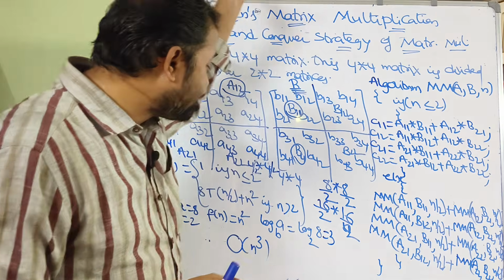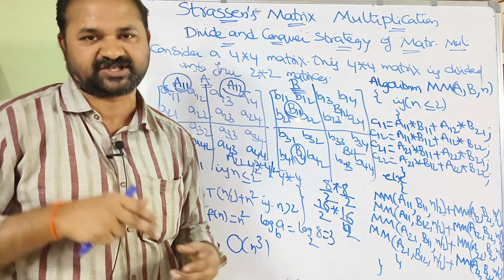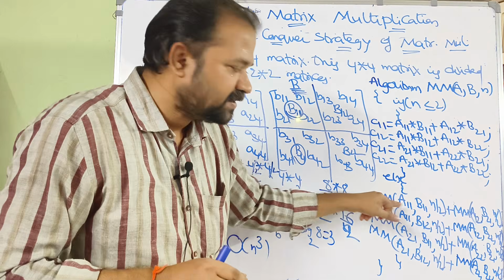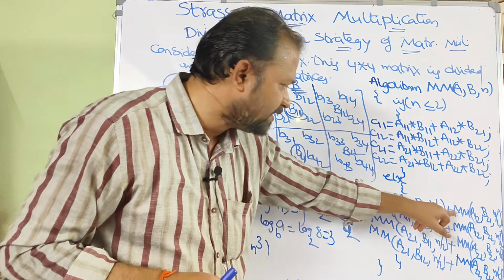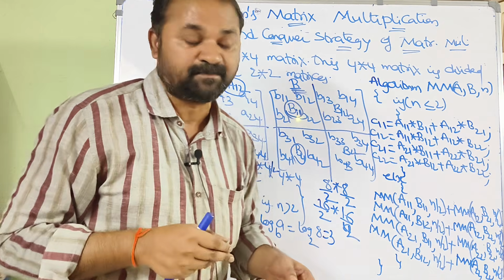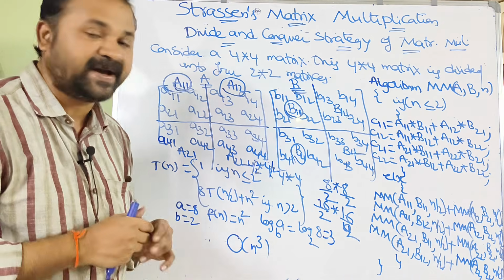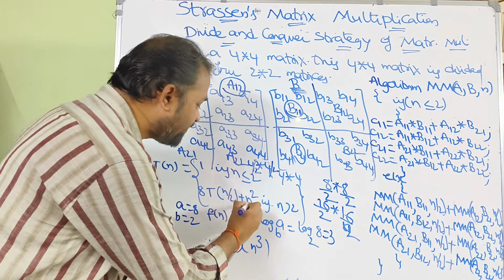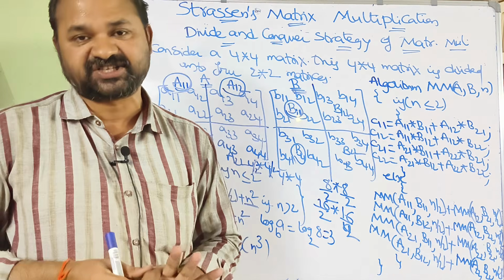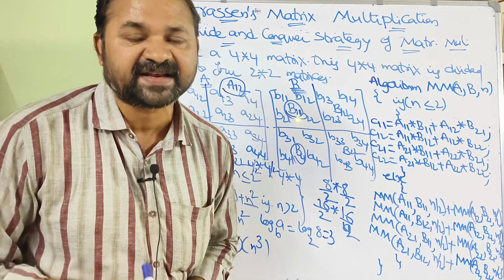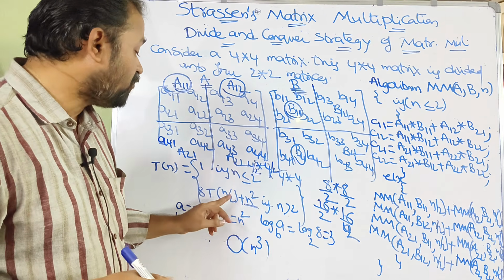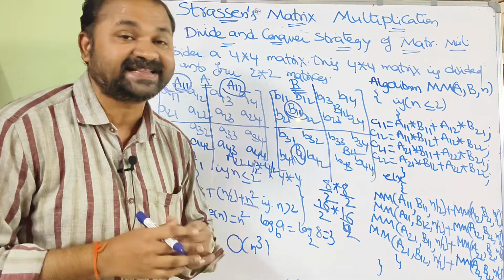Because we are dividing the problem into parts, and we have to solve each one separately. Plus this n square specifies that at maximum we require n square additions. So T of n equals 8T of n by 2 plus n square if n is greater than 2.